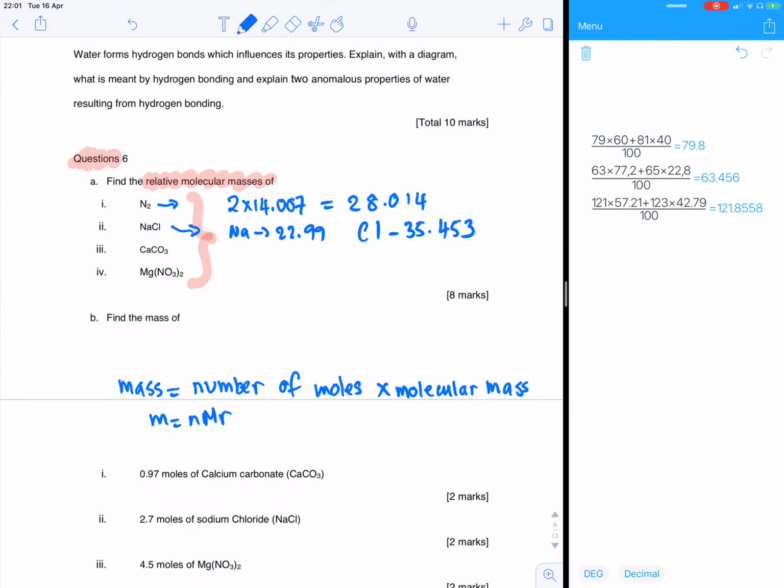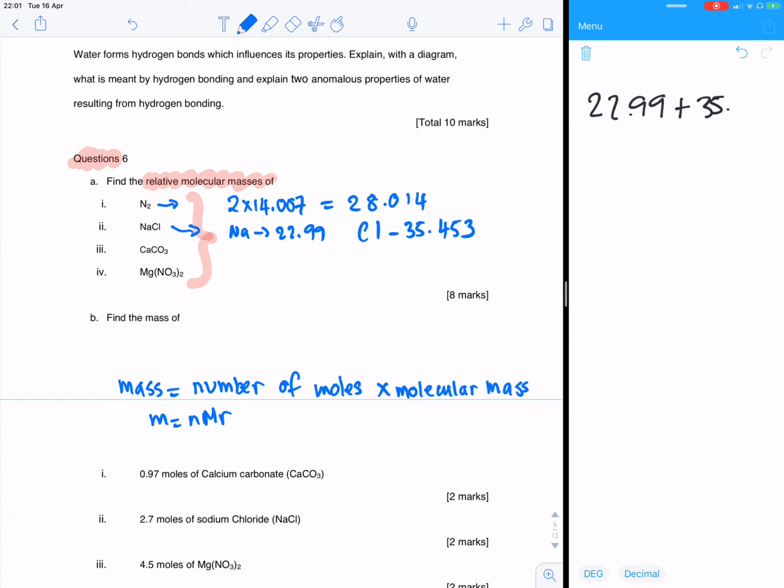So let's see, 22.99 plus 35.453. That'll give us 58.44. So the total for this one is 58.443.